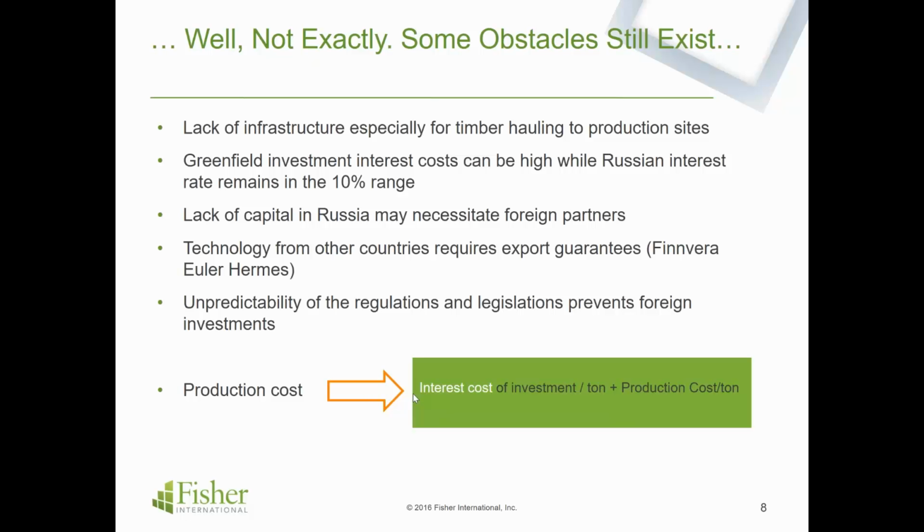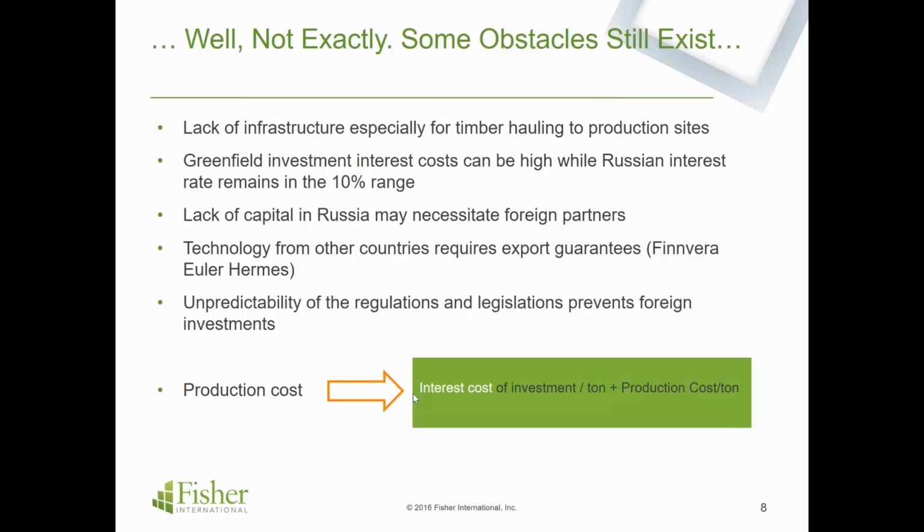Lack of infrastructure to get this vast fiber raw material that Russia has, and interest rate is very high. It's getting down all the time, but it's still at a level of 10%. Capital is traveling out from Russia, not into Russia now.